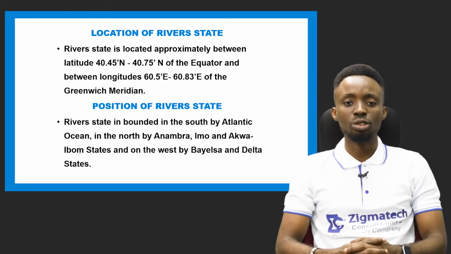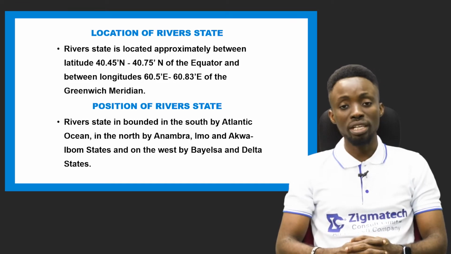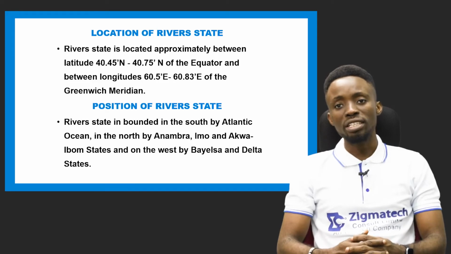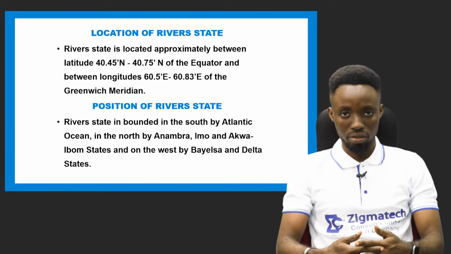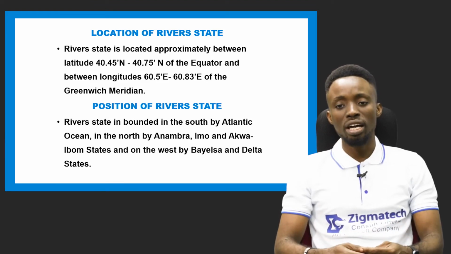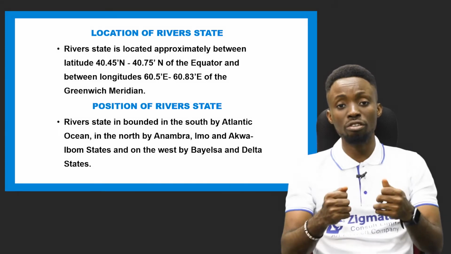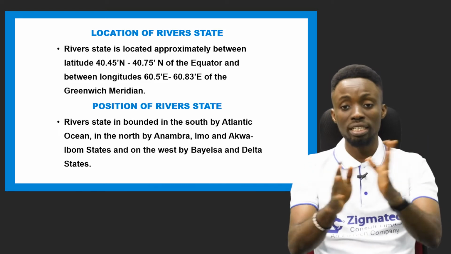So let's look at the position of Rivers State. Now, Rivers State is actually surrounded by other states and as well surrounded by the Atlantic Ocean. So Rivers State is not landlocked, it is surrounded by water and land.